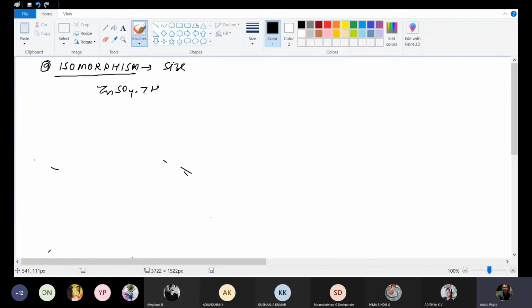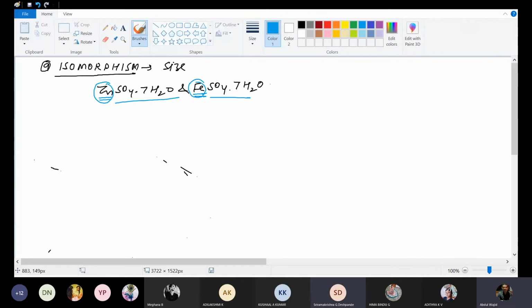ZnSO4.7H2O and FeSO4.7H2O. See here, Fe and Zn are two different ions, but the rest is everything same. These two Fe2+ and Zn2+ ions are also the same in size.